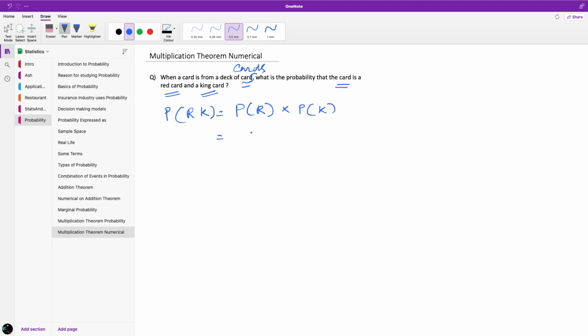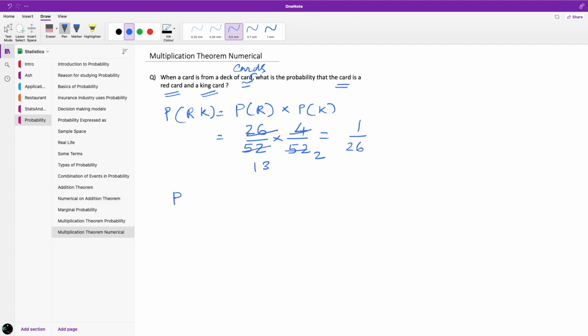What is the probability of getting a red card? We have seen earlier, there are 26 red cards out of 52. There are 4 kings, so the probability of getting a king card is 4 over 52. Here, 26 goes twice and 4 goes 13 times, so this is 1 over 26.